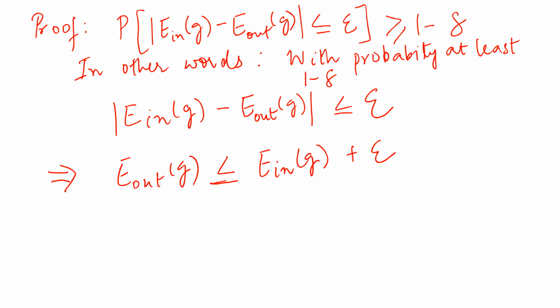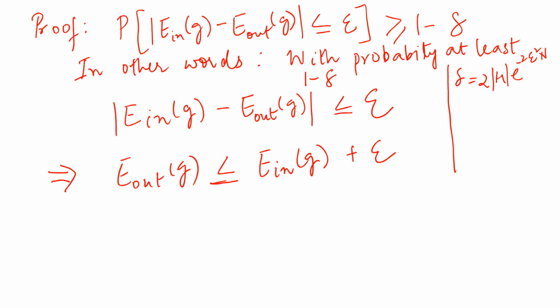Now, from my definition of delta, and let me write it down here, we define delta as something like this, 2|H|e to the minus 2 epsilon square n, right? So from my definition of delta itself, and because I've defined this delta as a collective term for my bound, I can derive my tolerance using this, right?